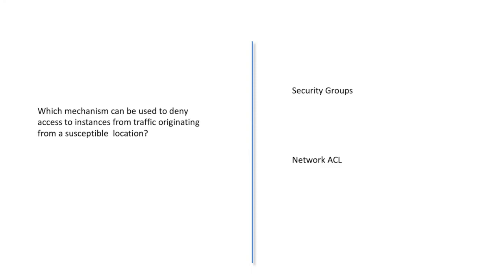You want to deny this. As I mentioned, many of the questions around security groups and network ACLs revolve around what allows and what denies. Network ACL has the capability to both allow and deny. Security groups have just the capability of allowing. So the correct answer here is network ACL.